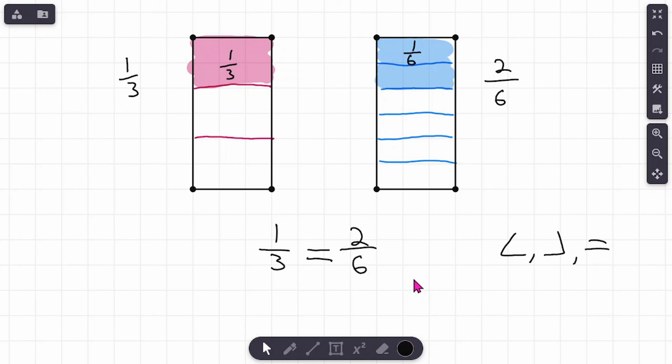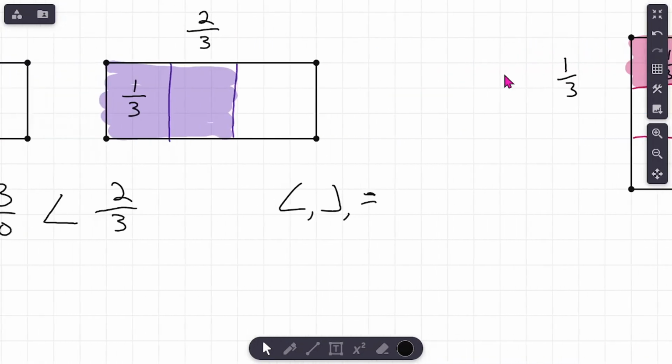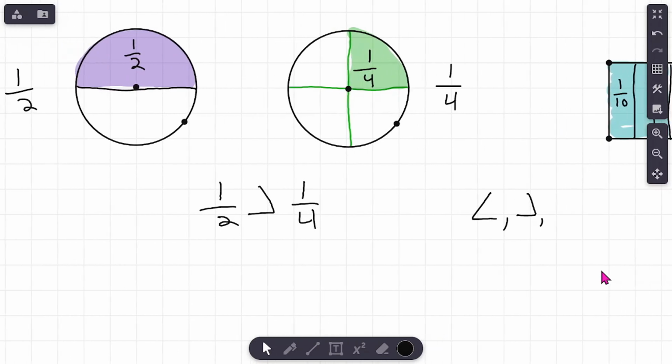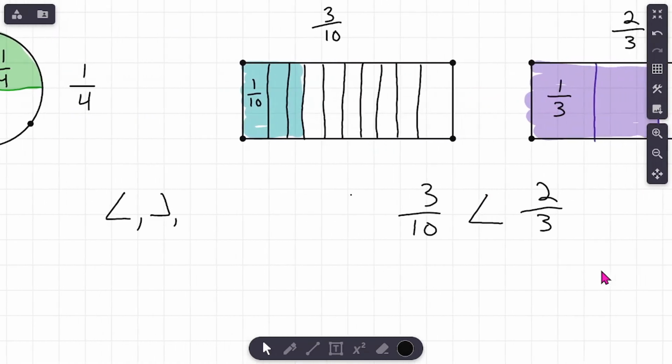On this problem here, if you made a mistake, rewatch it. Draw some on your own. Make up your own problems. The more you practice, the better you're going to get. The better your number sense is going to get on fractions. You're going to get to the point where you don't have to draw these pictures. Okay, you're going to get to the point where you can just do this type of stuff in your head. And I'm excited for you to get there.